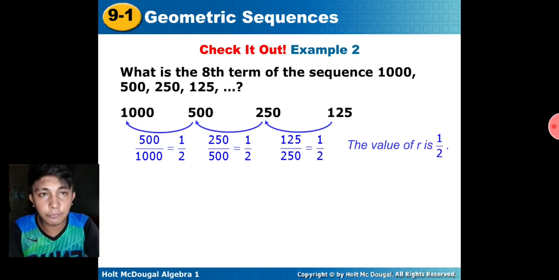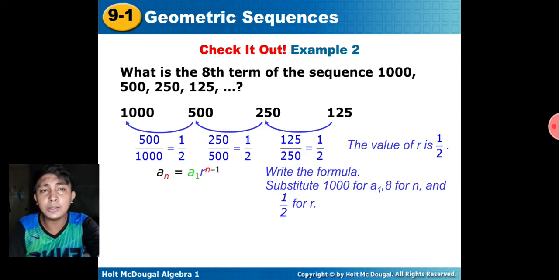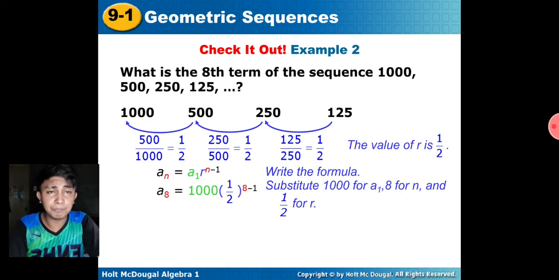Again, to solve for the 8th term, we write the formula a sub n is equal to a sub 1 times r raised to n minus 1. We substitute first, then we simplify the exponent.